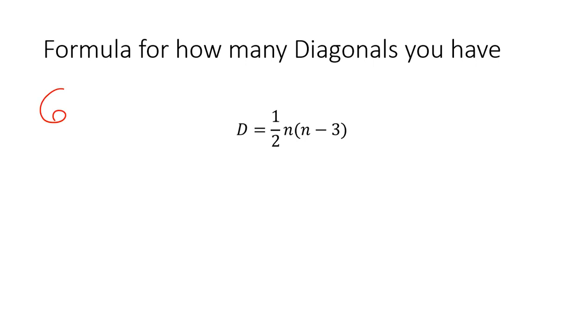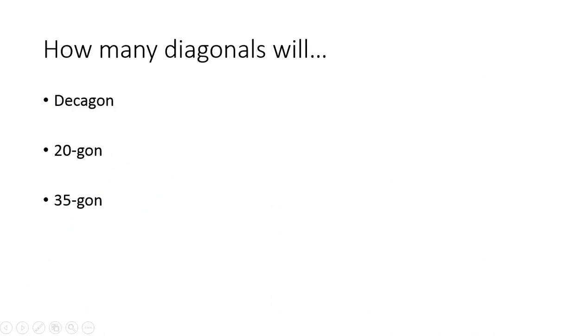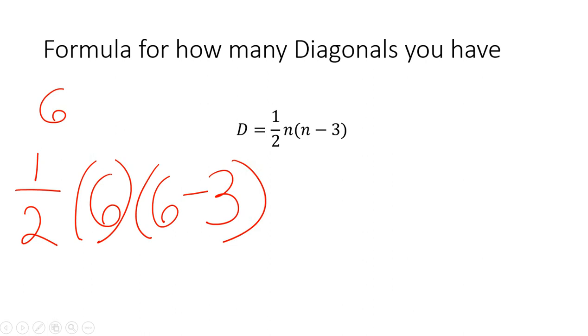So that means we would go 1/2 times 6 times 6 minus 3. That would be 1/2 times 6, which is 3, times 3, which is 9, which is how many we said we had. So if you simplify it, you get it down.